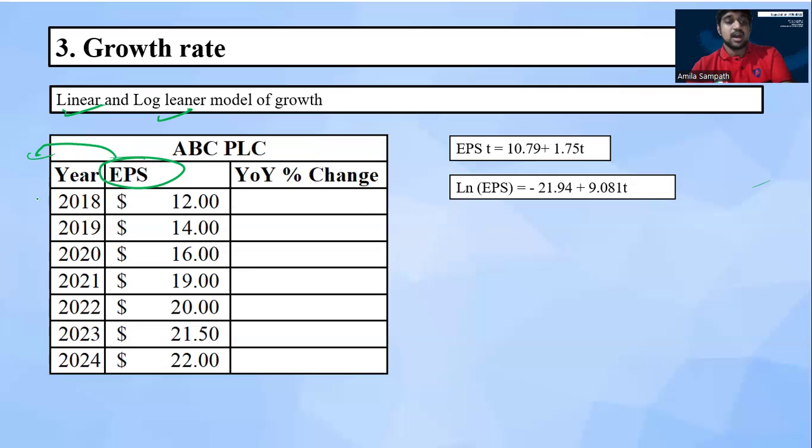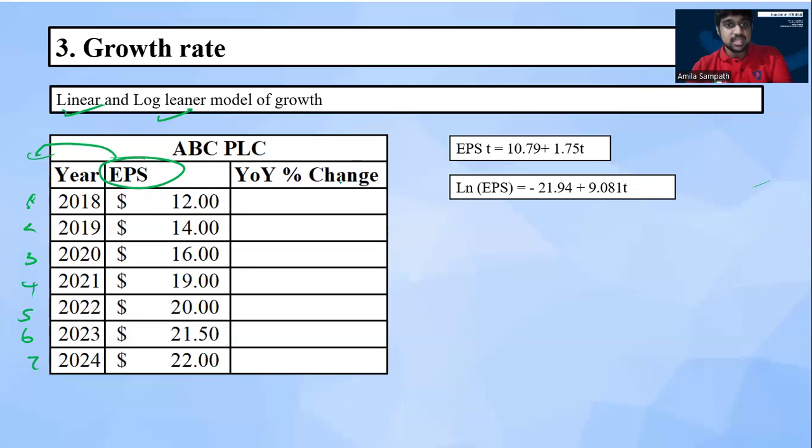Here, 2018 we consider as year 1, year 2, year 3, year 4, year 5, year 6, year 7. If one year increases, what happens to our earnings per share? If another year increases, what happens? Like this, we try to identify the relationship using regression.